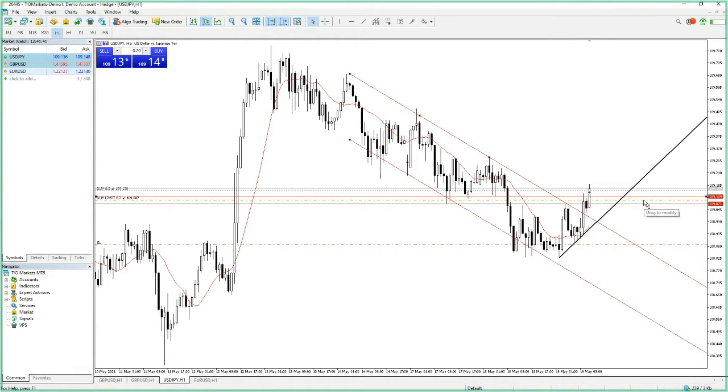Now, if you drag a pending order here, it's just going to move down with your mouse. So this is not what we want. We wanted to have a buy order inside this zone. So what we do next, we right click this and we choose modify.